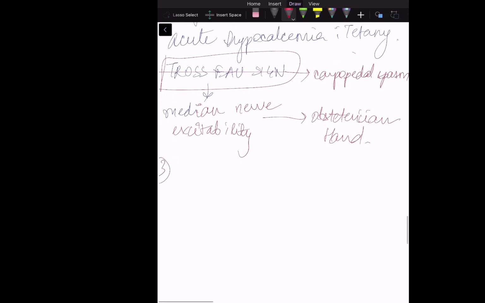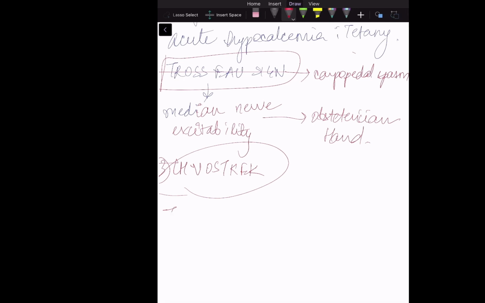Then there is the other thing also, Chvostek's sign. What will happen in this? You tap on the anterior border of the parotid gland, and you will see circumoral twitching, because there is excitability of the facial nerve.